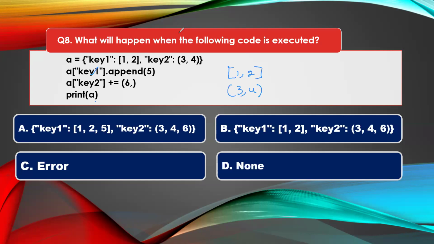B is the answer. Okay, Gopal says B. This is the one. Prakash says A. This is the one.